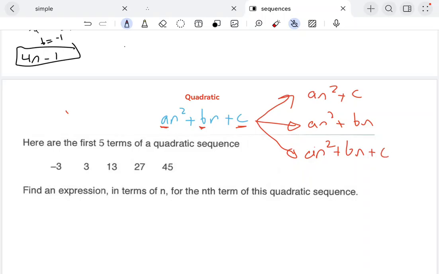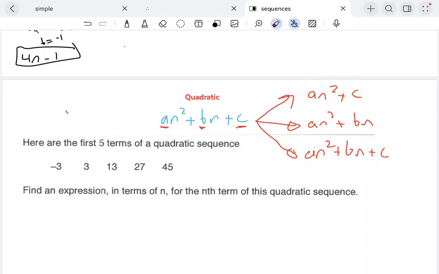Which one will be the easiest? The easiest is to have only the constant and the n squared. But as you see, I cannot have only bn plus c. No way. It's not going to be quadratic. Quadratic means we have power of 2. So maybe I have an squared and the constant, just a number.